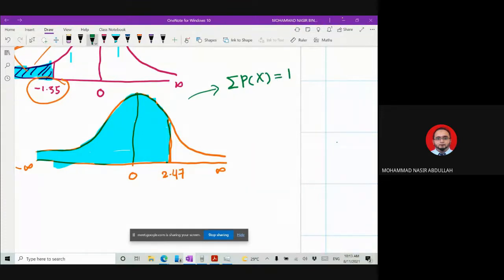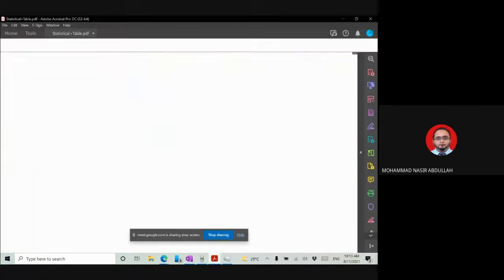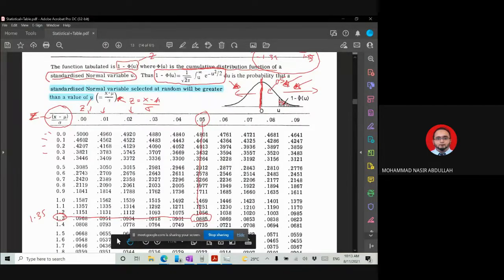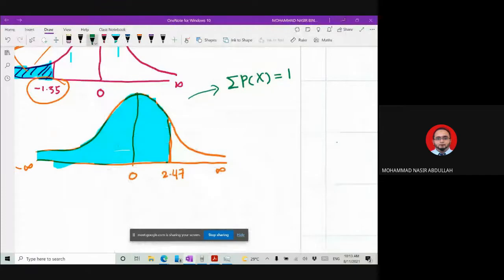So if you want to find this area by looking at this table, we need to do some manipulation. 1 minus probability of Z more than 2.47 will equal the probability of Z less than 2.47. So if we take the whole area under the curve, which is 1, minus the area dekat sini, we will get this area.